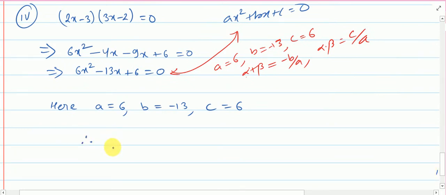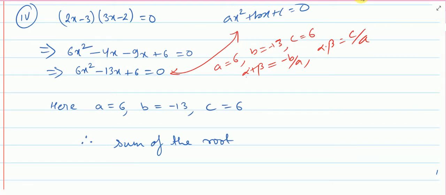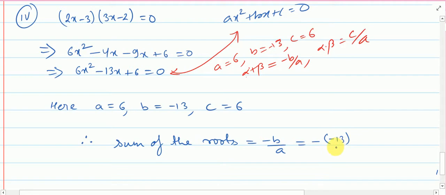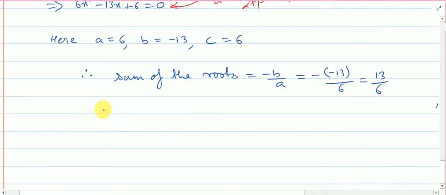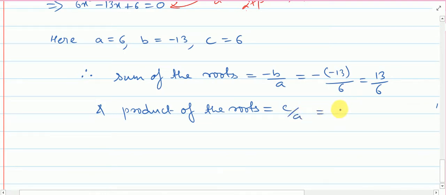Therefore, sum of the roots equal to minus B upon A, so 13 by 6, and product of the roots C by A, that means 6 by 6 equal to 1.